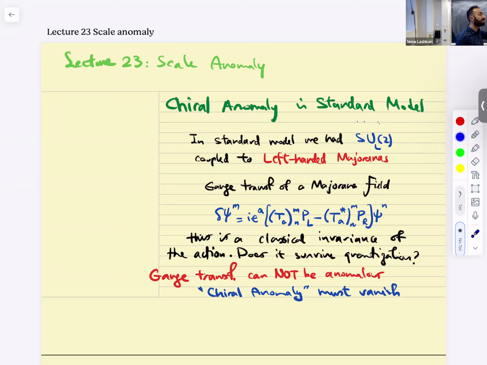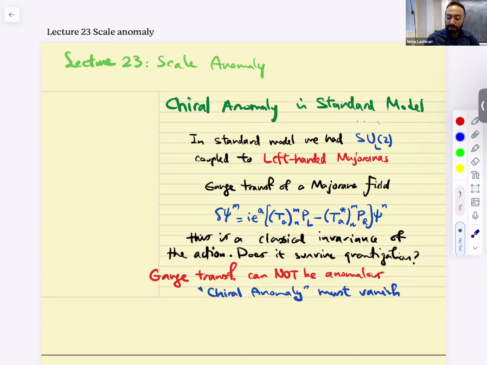Two gauge invariances. There is a vector transformation, there's the axial transformation, the distinction being in the gamma 5, so how they act on the Dirac spinor, right?